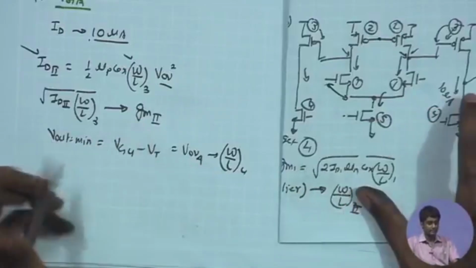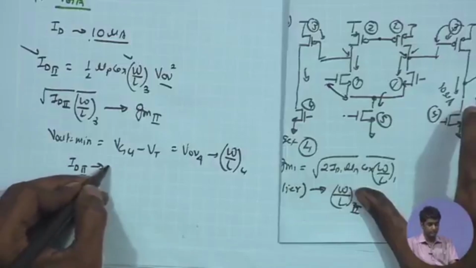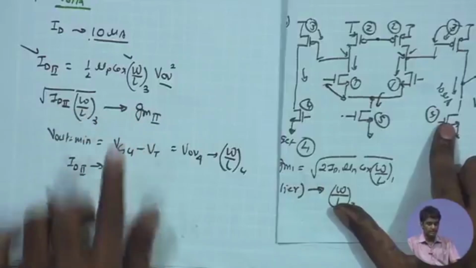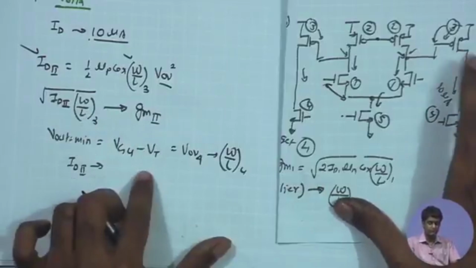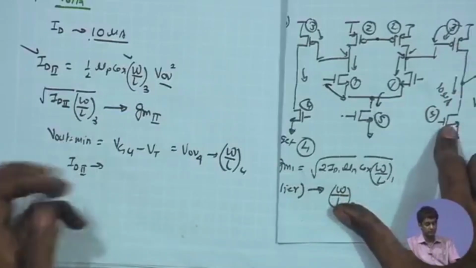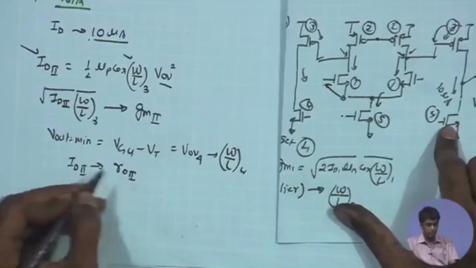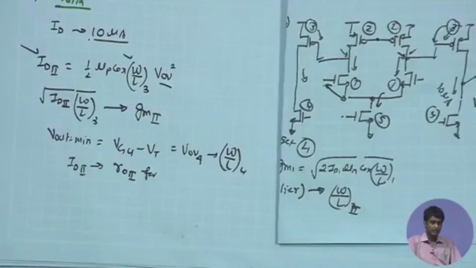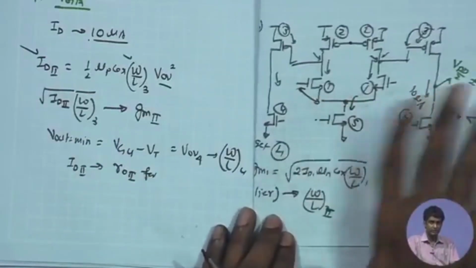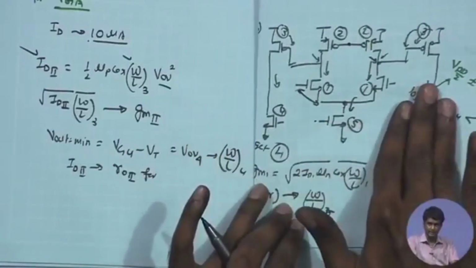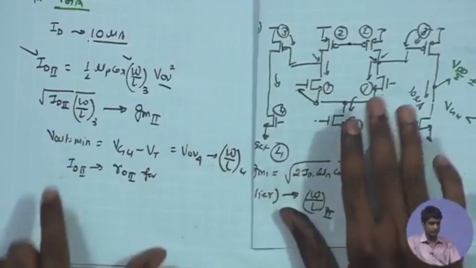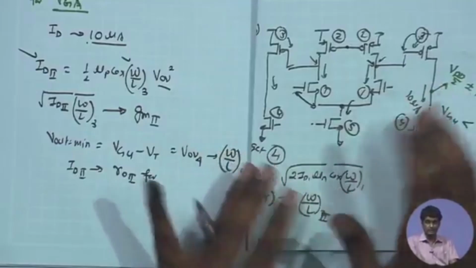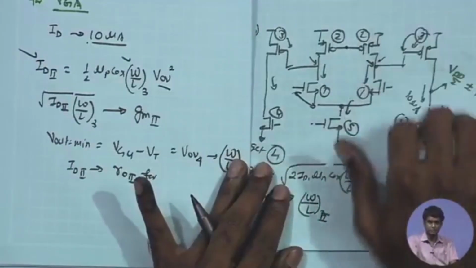Now ID2 is known, so this is going to give me the required value of RO2 to get the gain in this stage, and hence the value of L of the PMOS and NMOS. If I assume that the gain is still equally divided, which is not necessary, I can sacrifice the gain a little bit because I am trying to reduce the bias current, or I can try to increase the gain a little bit so that it supports the reduction in bias current.